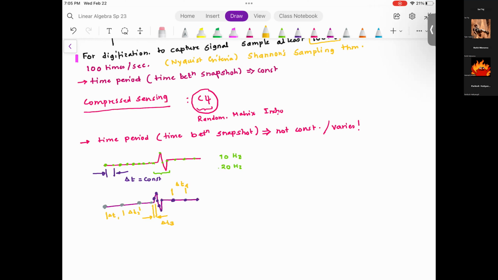Now, one thing that I want to tell you is the compressed sensing is based on the quality of the measurement, which means if your measurements are bad, then the compressed sensing is not going to work. So mathematically, there are algorithms and checks that make sure that your measurement is working.